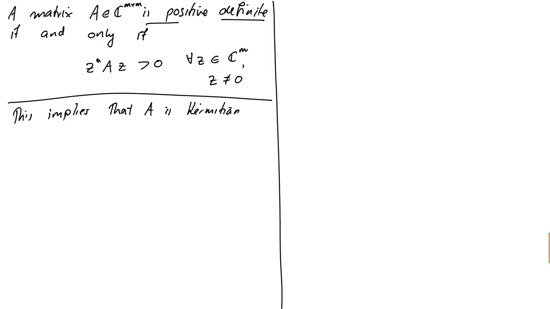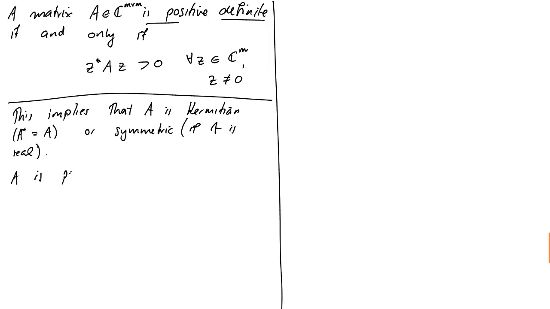Okay, it should be capital H, sorry. That just means that it's the complex version of symmetric, remember? A star equals A. Or symmetric, if A is real. Okay, so you might want to think about why that's the case.